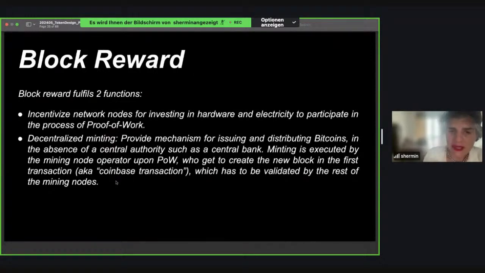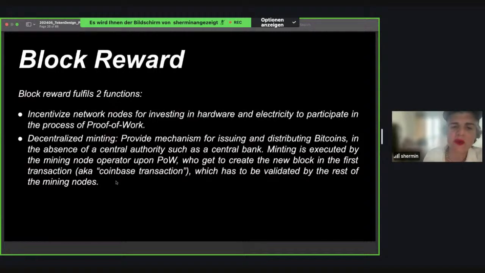The mechanism is designed in a way where, instead of a central authority issuing the currency of a nation, minting is executed each 10 minutes, each block, by a different node who won the race.